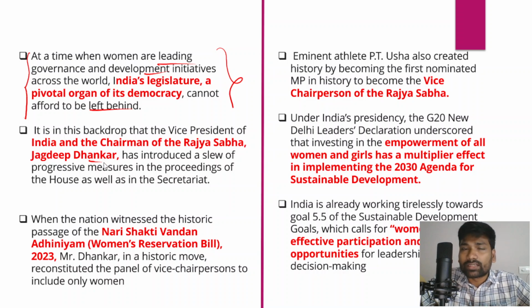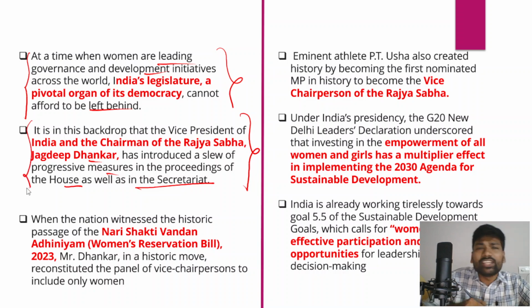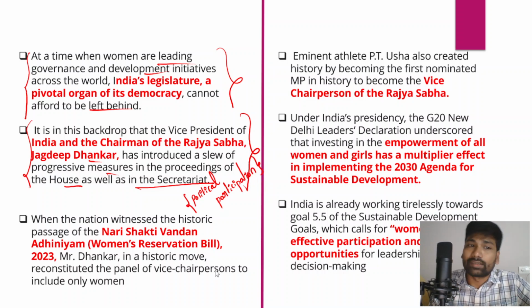And in fact, the chairman of the Rajya Sabha has introduced a slew of progressive measures in the proceedings of the House as well as in the Secretariat, and these initiatives specifically aim at the political participation of women, particularly in the upper house, that is, Rajya Sabha.